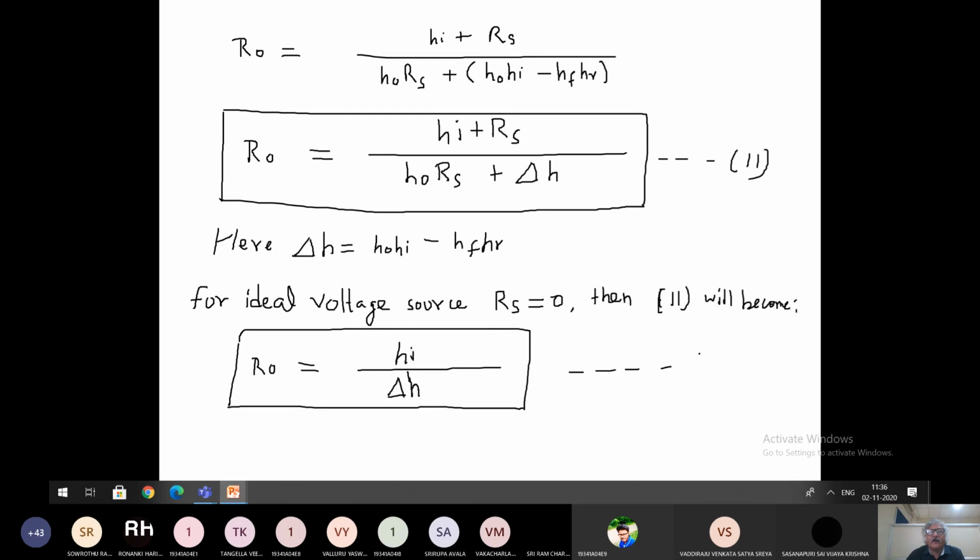This is equation 12, but that is generally not the condition.